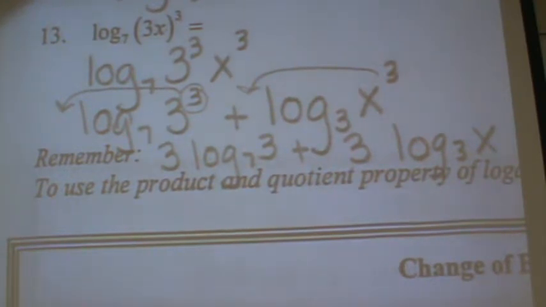Now, there was another way you could have written this problem. Does anyone know a different way you could have done this? I heard it right here. Someone said put the 3 in front. Mr. Duke said it.